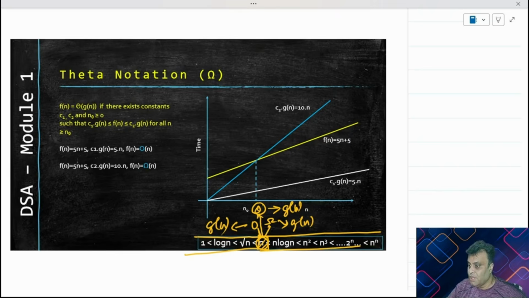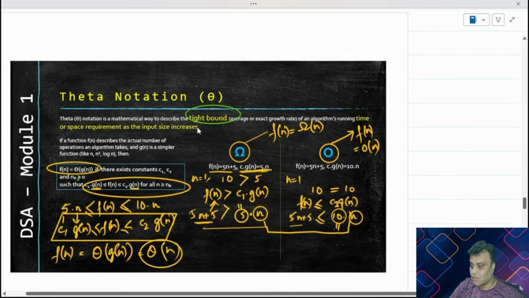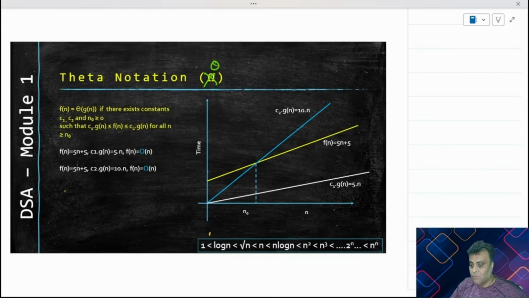Now, if we go and try to draw whatever we calculated, and this should be theta, right? The previous slide also had a typo here. From the previous slide, we had Fn equal to 5n plus 5, and we had calculated 5n as C1, and 10n as our other bound, right?